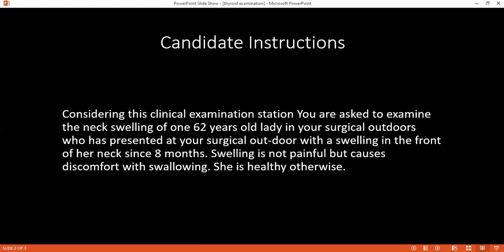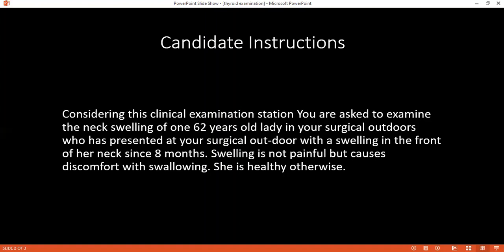After this, I would start my palpation. Before palpation, I'll instruct the patient to swallow, and then give her a cup of water. And then I would also tell the patient to protrude her tongue to see if the swelling moves on swallowing or on tongue protrusion.